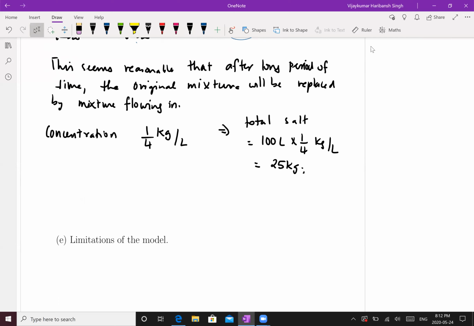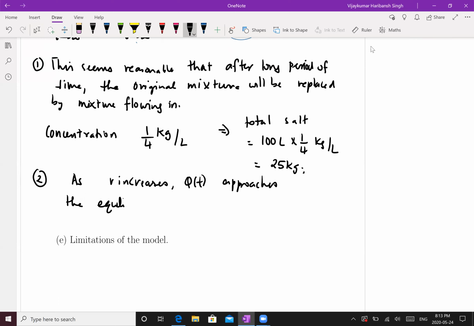Another thing to note is that as R increases, Q of T approaches equilibrium more quickly.